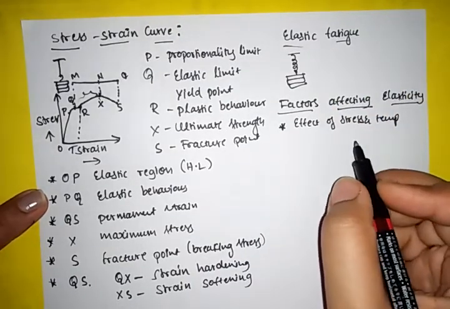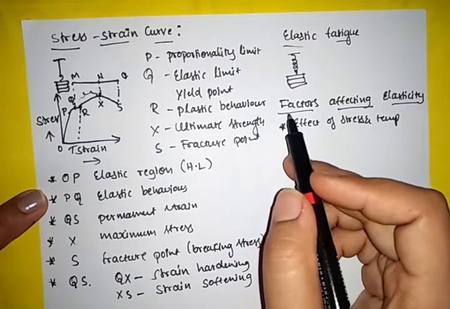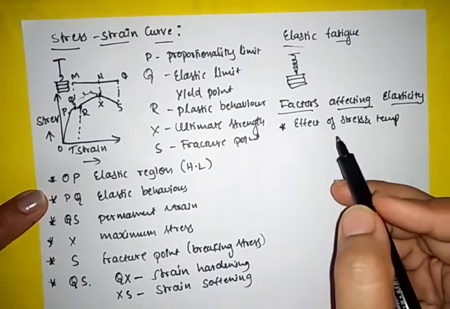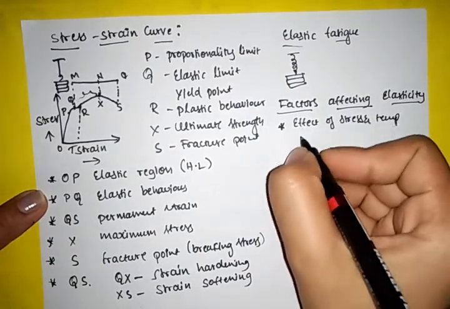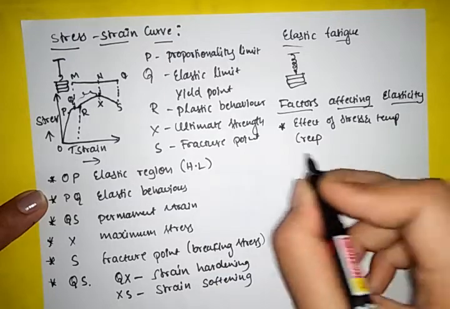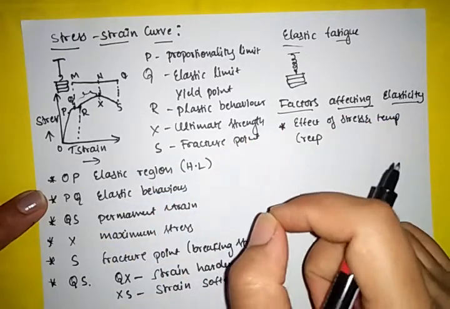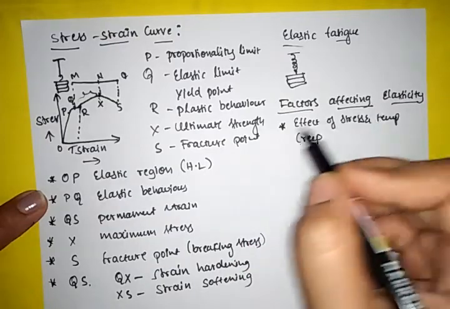When the elastic material is subjected to a continuous stress at elevated temperature, it experiences a phenomenon called creep. Creep is a property of the material under continuous stress, due to which the material develops continuous strain.